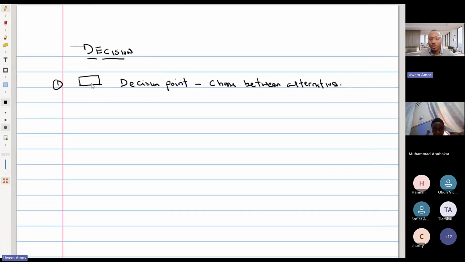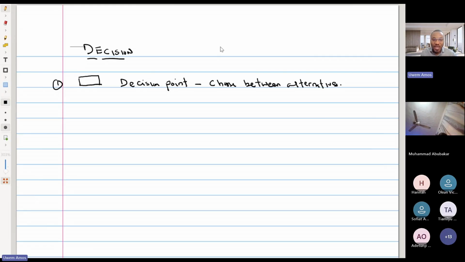Whenever you see a decision point, a decision has to be made at that point in time between alternatives. So you could have 2 options, 3 options, 4 options, but a choice had to be made between those alternatives. That means you only use the square symbol whenever in the question a decision has to be made at that point in time.